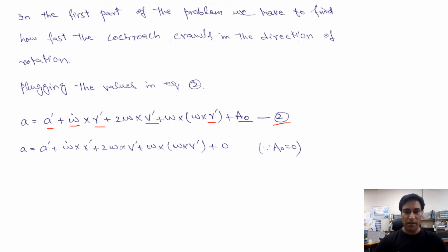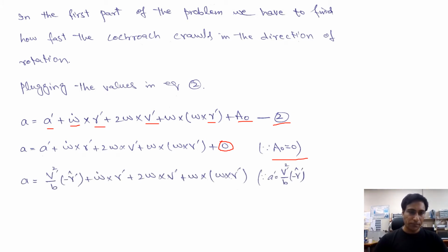But here I will put these values one by one, just for your understanding. First I will put a naught, which is equal to 0. If we put the value of a naught here, you can see this term is 0 now.